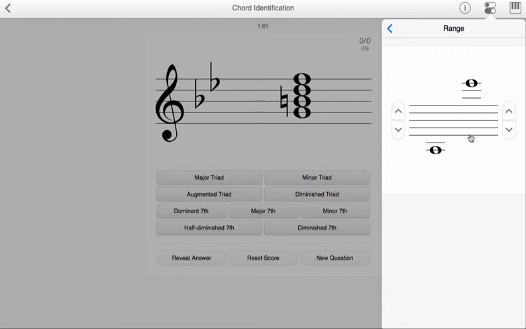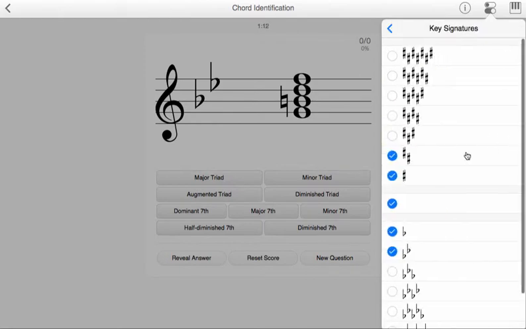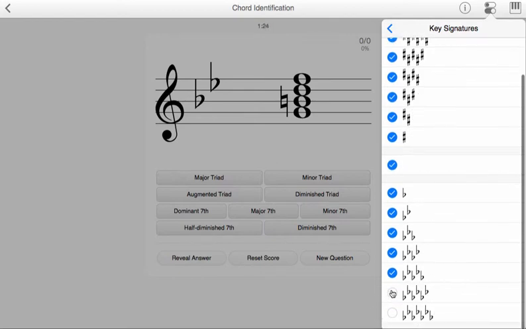So you can take it up that far and possibly over here, maybe down that far. Key signatures, I would select all of them. There's really no sense in limiting yourself to just a few key signatures. Go ahead and add all of those in.